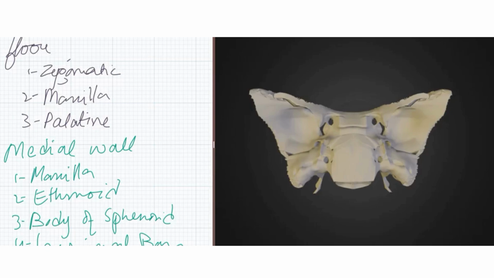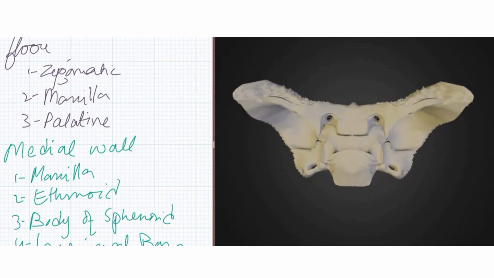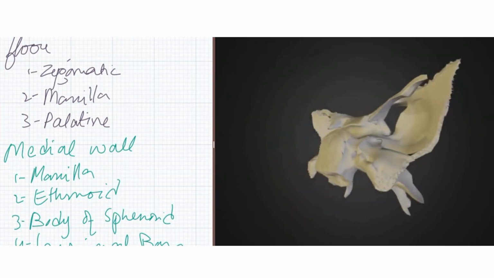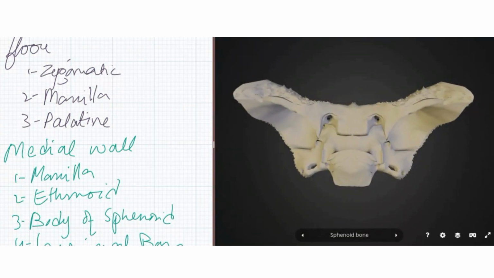Now, this is a sphenoid bone which is present inside the skull. This is its superior view and this is its temporal view. This is the lesser wing of the sphenoid. This is the greater wing of the sphenoid. And this is the body of the sphenoid.